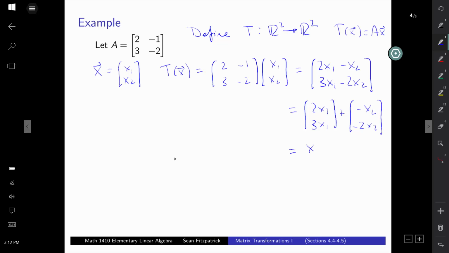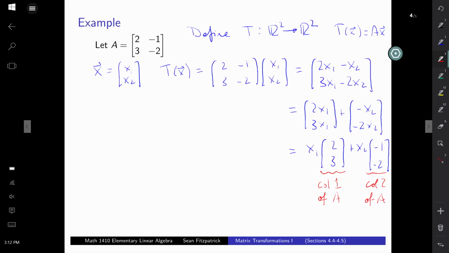Let's write that as x1 times (2, 3) plus x2 times (minus 1, minus 2). And notice that this is the first column of A. This is the second column of A.